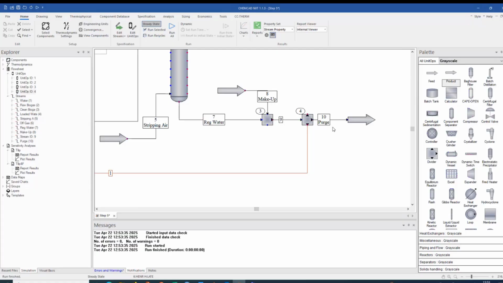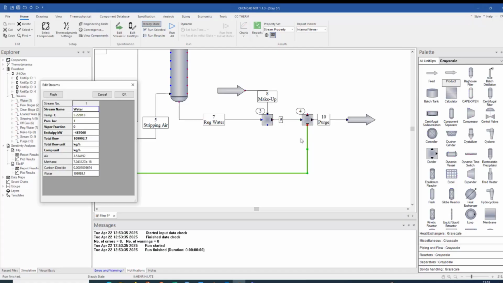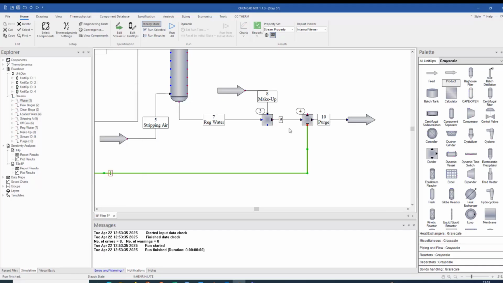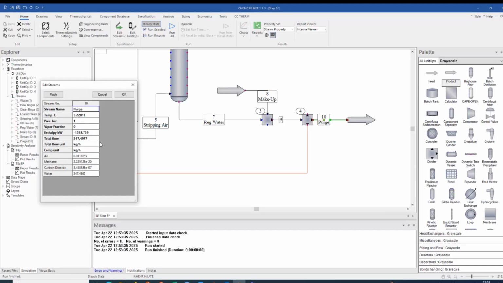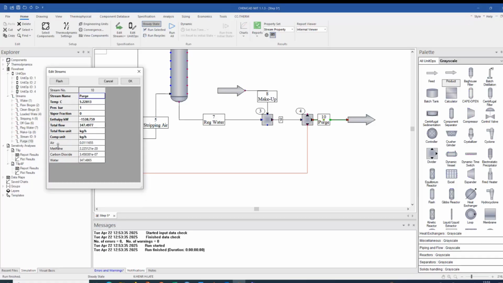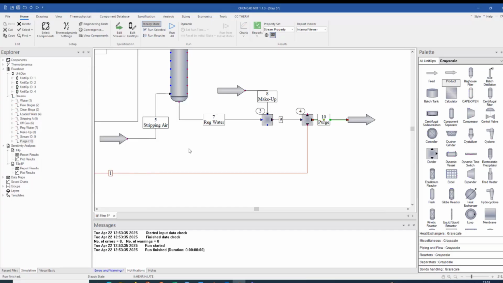We run the divider, and here we see at this point now we have 110 cubic meters per hour as regenerated water. And the surplus amount of water with our accumulated components like air, methane, carbon dioxide, which is still inside, is removed at this point.